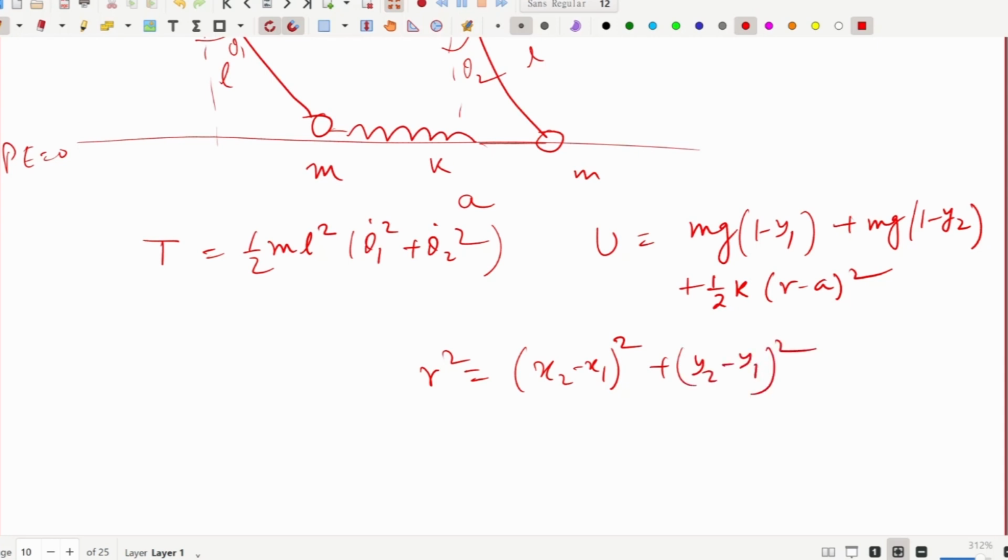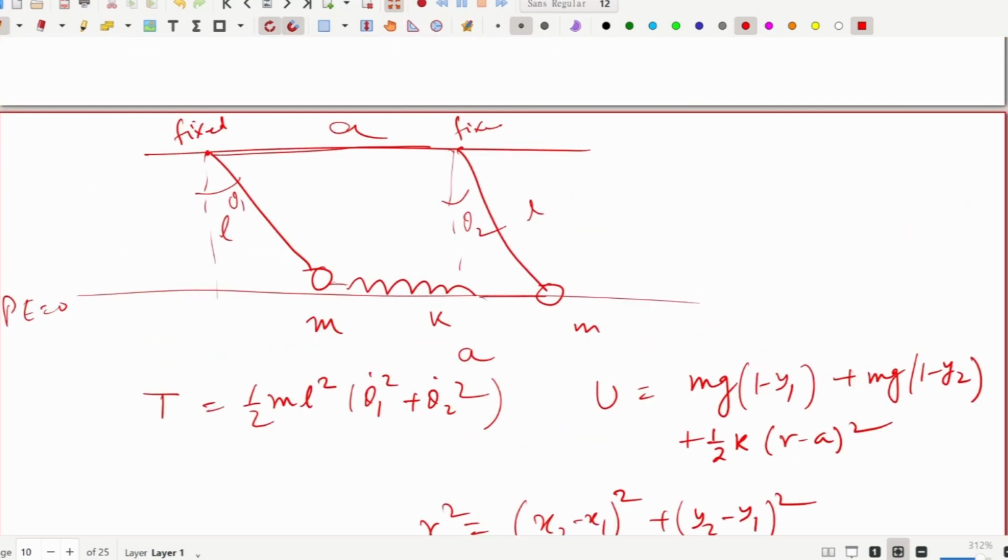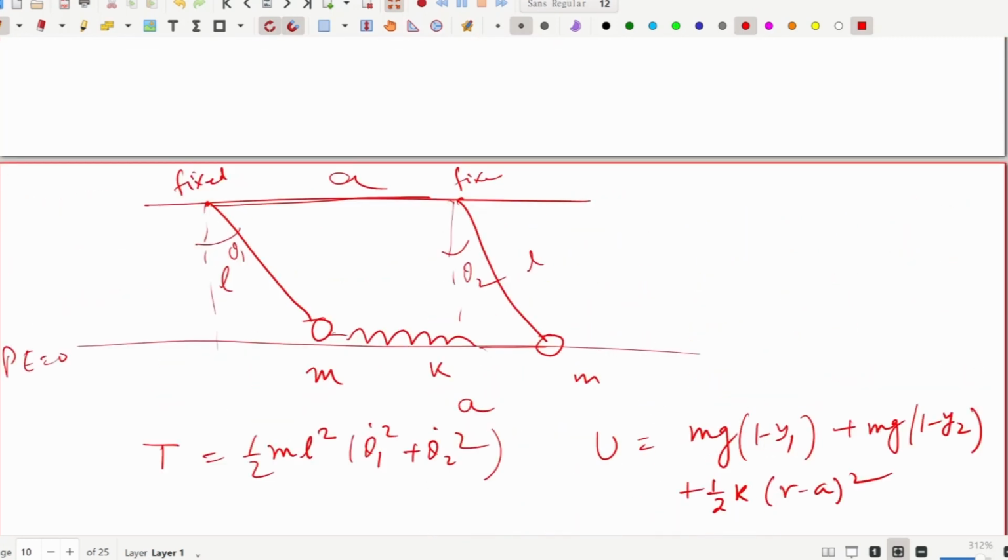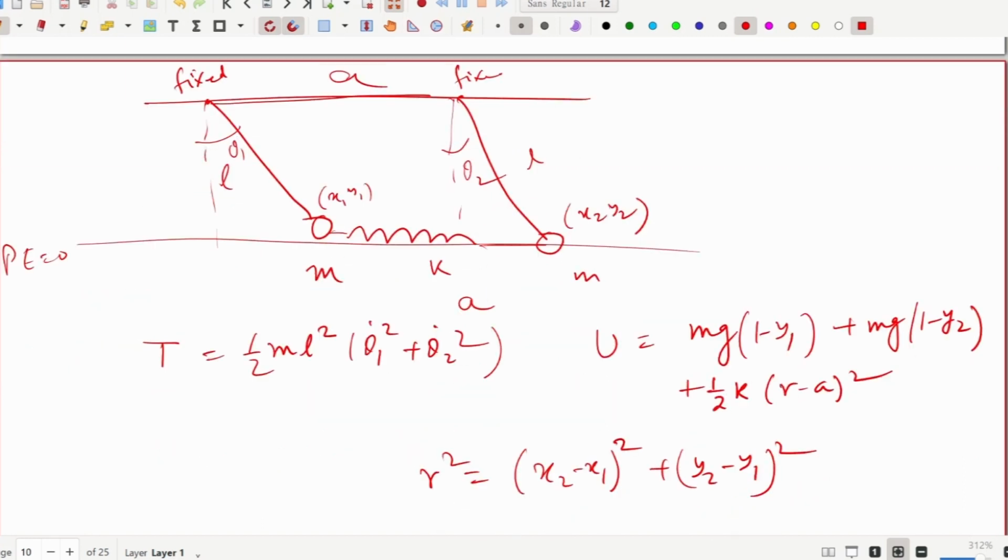You should notice that this is x1, y1, and this is x2, y2. So this will be the potential energy.